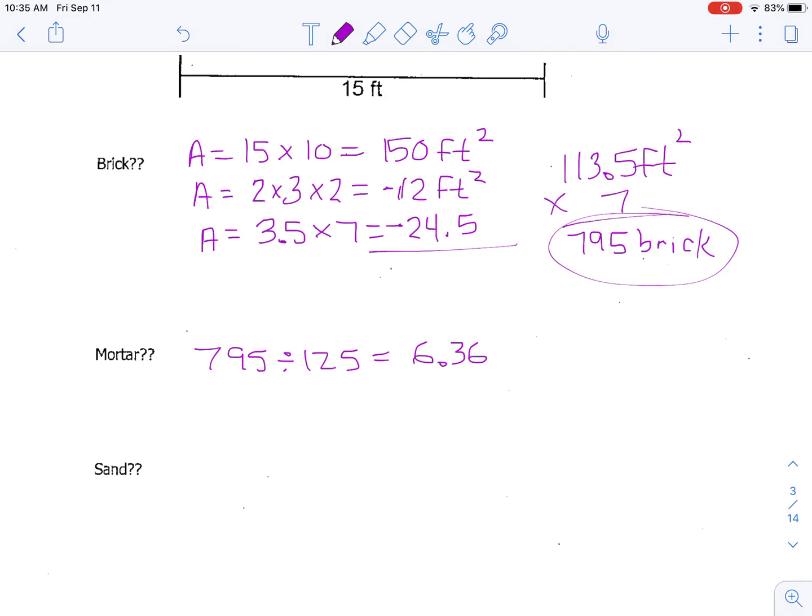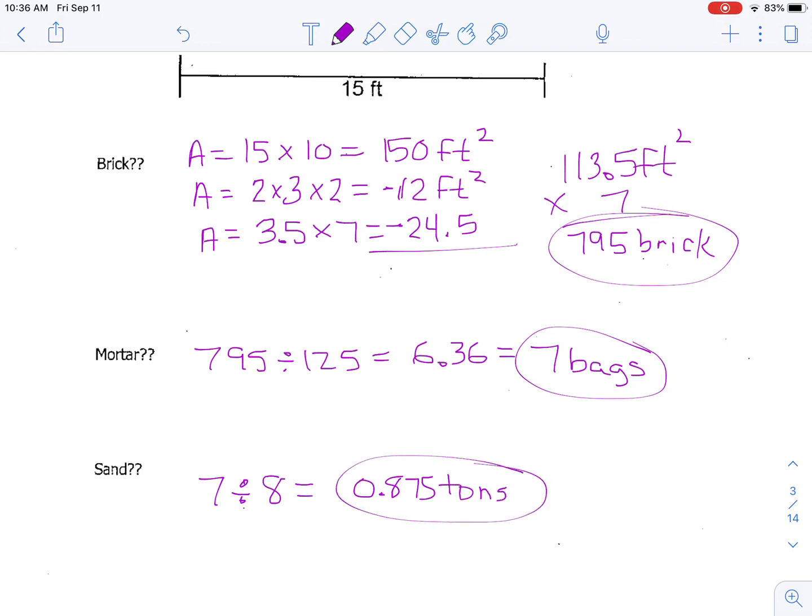We get 6.3 bags, but we know that we're always going to round that up to the next unit, so we will need 7 bags of masonry cement. Then for tons of sand, we know that for every 8 bags, we're going to need another ton. So we take our 7 bags divided by 8, and we get 0.875 tons of sand.